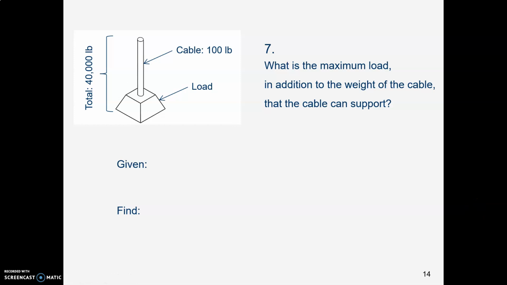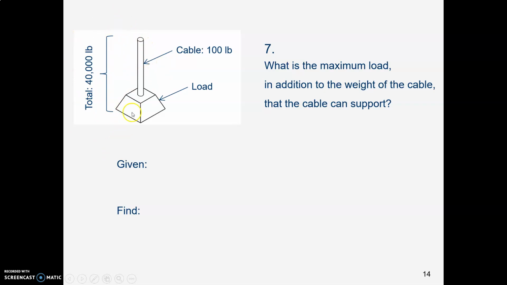It's this same crane here where we have the cable, and we figured out earlier that the cable weighs 100 pounds. And in the question we just did, hopefully you figured out that this thing can support a total weight of 40,000 pounds.